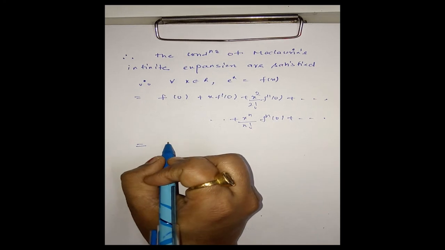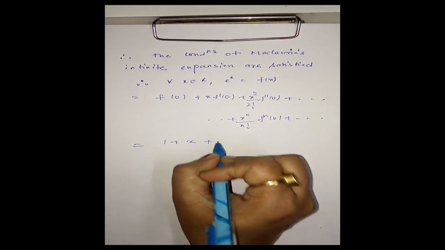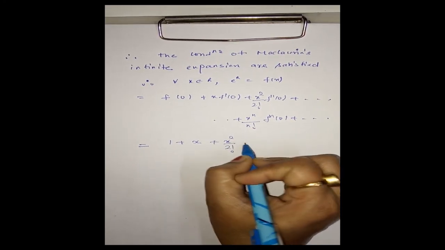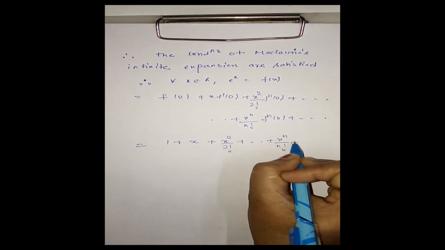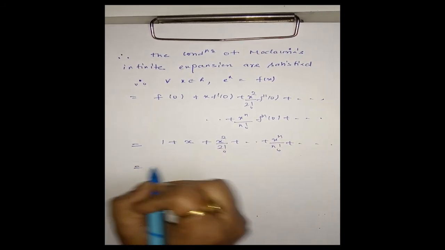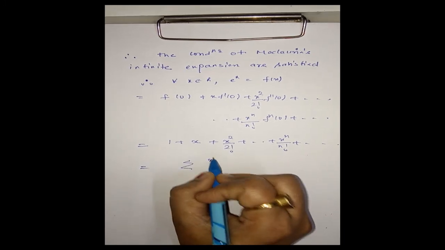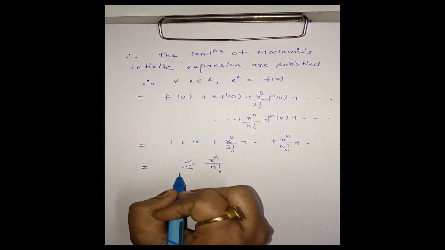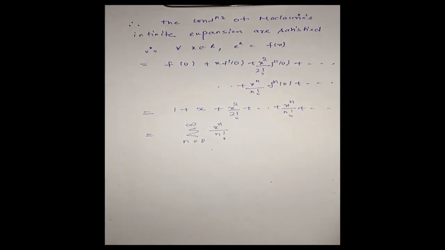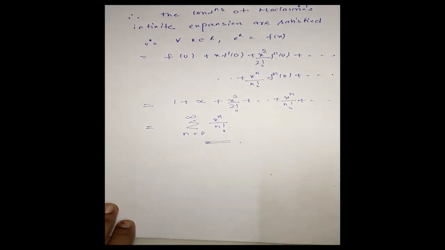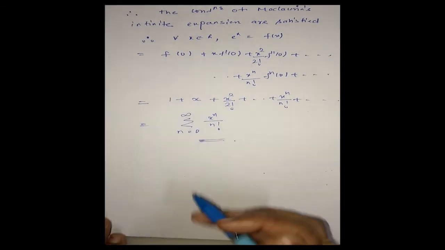That means this is equal to 1 plus x squared by 2 factorial up to x^n by n factorial and so on. That is, this can be written as the sum of x^n by n factorial running from 0 to infinity. Okay, clear? This is the expansion of e^x.